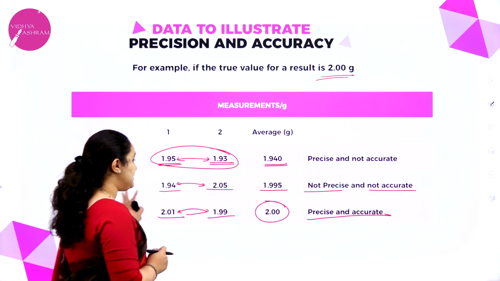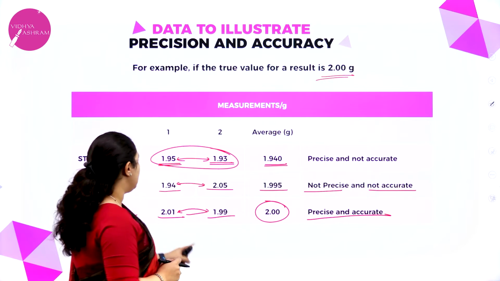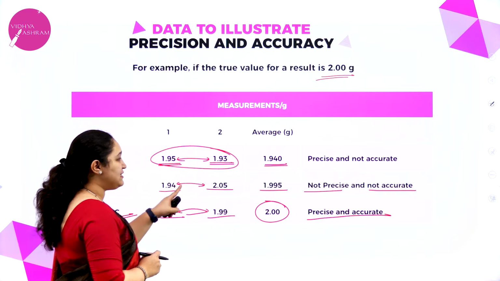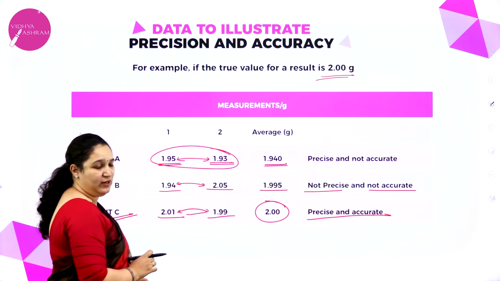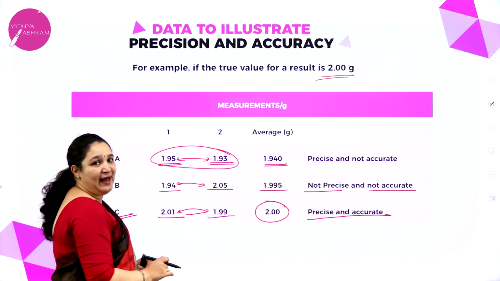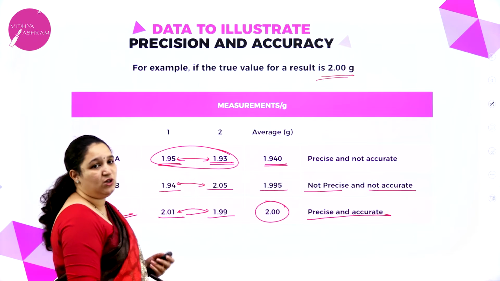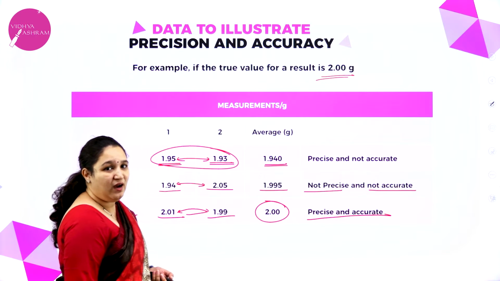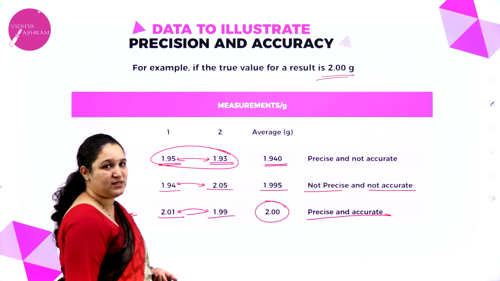So student C has got precise and accurate value, whereas student A, it is precise but not accurate. They are close to one another but far from the true value. Student B, they are not precise nor accurate because they are not close to one another nor close to the true value. So I hope you have understood about precision and accuracy.